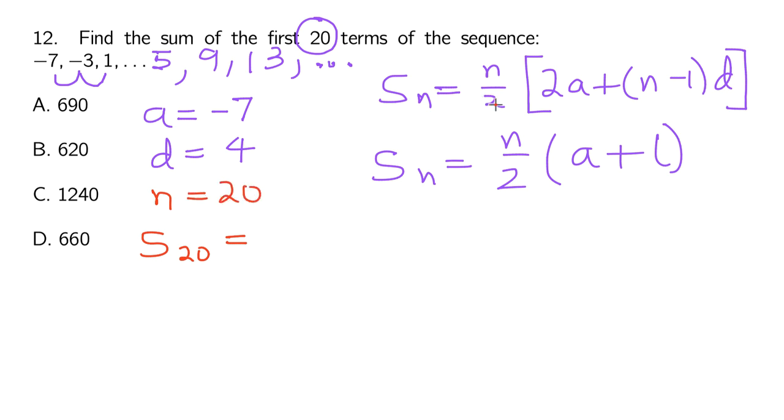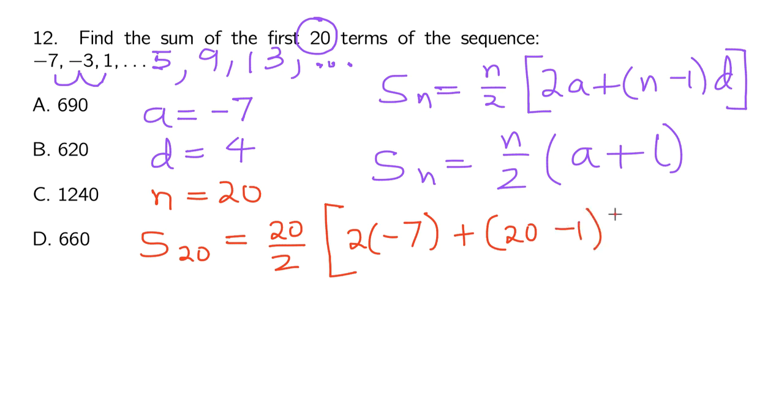So S20 equals 20 over 2, then we have 2a plus n minus 1, 20 minus 1, times d. d is 4. This is what we get. Now, this is 10. This is minus 14.